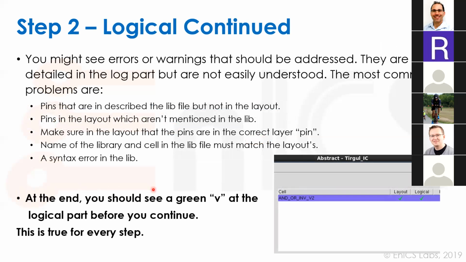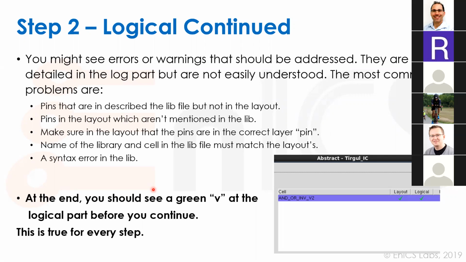So just one more word about that. Again, what this stage is, if I understand correctly, is that the abstract generator wants to know what the actual pins and labels are that it should make pins, or I think it calls them ports, in the LEF. It can extract them from different formats.